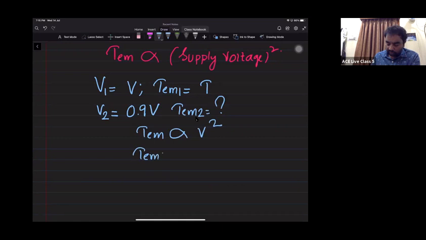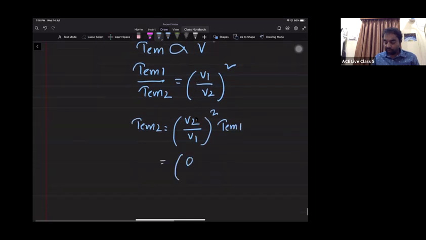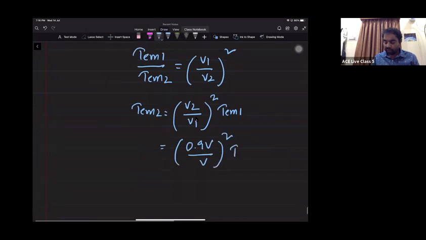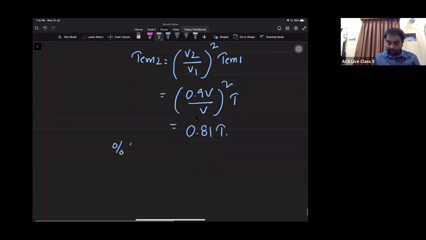So TEM1 by TEM2 is equal to V1 by V2 whole square. From this, TEM2 is equal to V2 by V1 whole square into TEM1. So it is 0.9 V by V, whole square, into T, which is 0.81 into T. So what is the percentage change in torque?